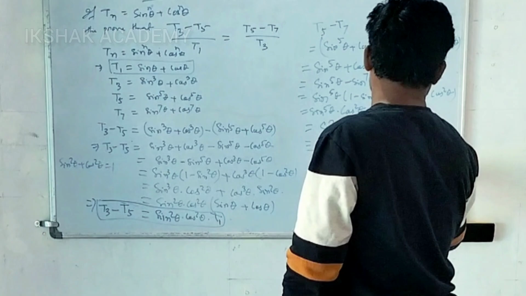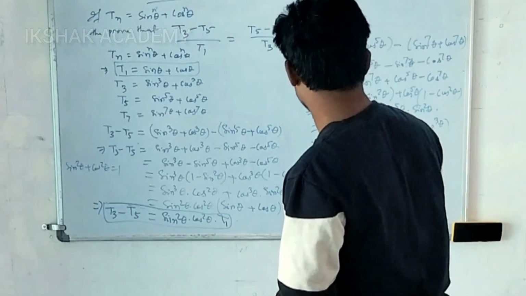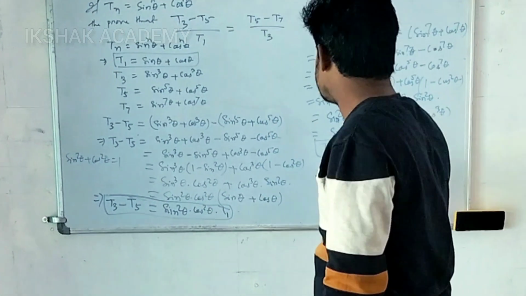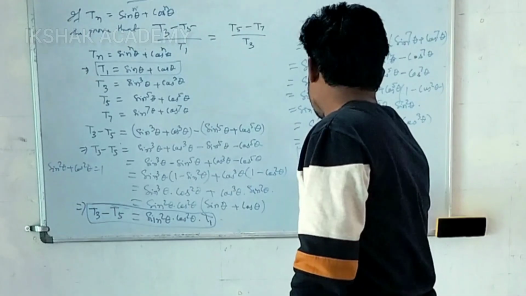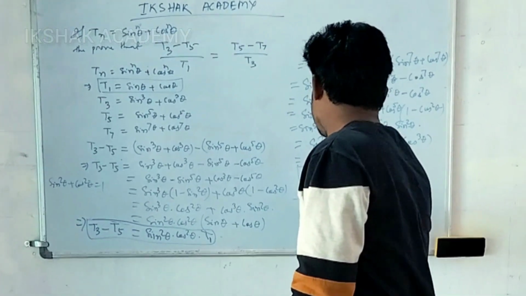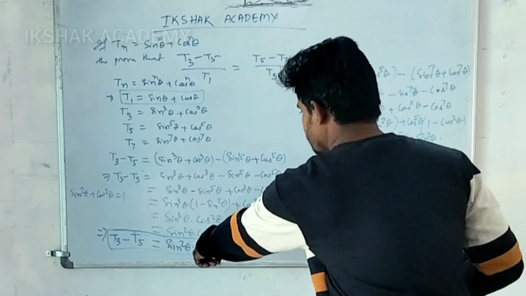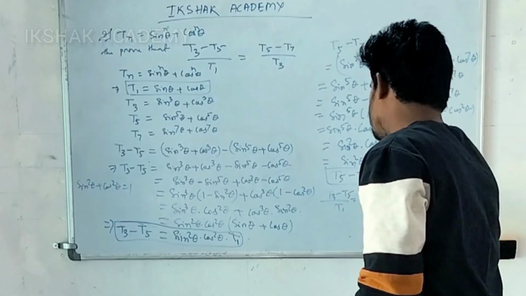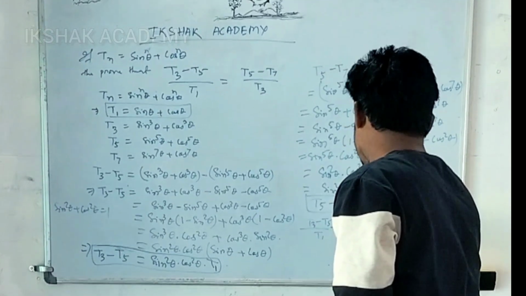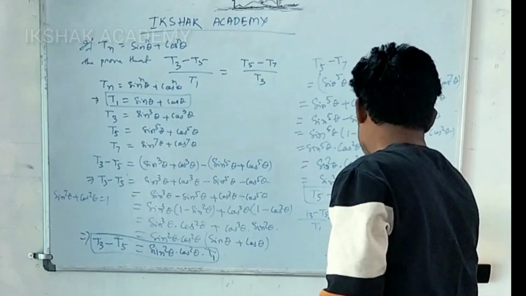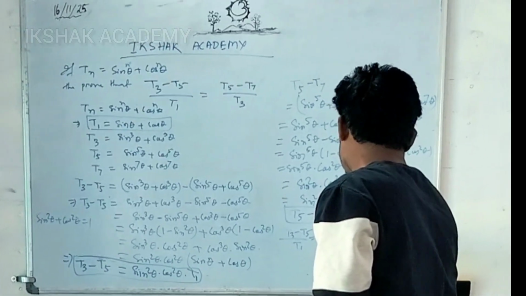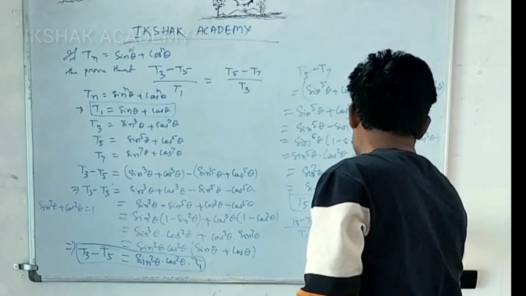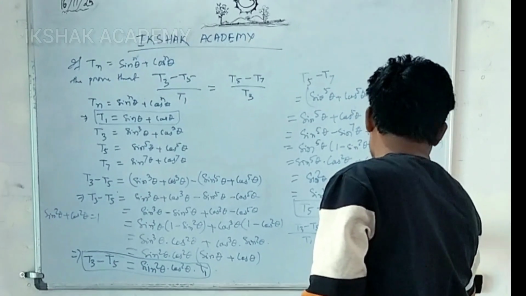Now we can put these things in to prove this. T3 minus T5 by T1 is equal to sin square theta into cos square theta into T1 by T1. So T1 will be cancelled, leaving sin square theta into cos square theta.